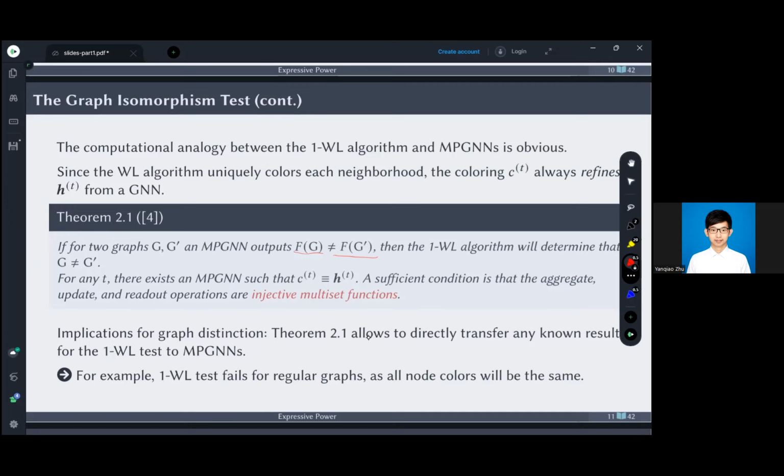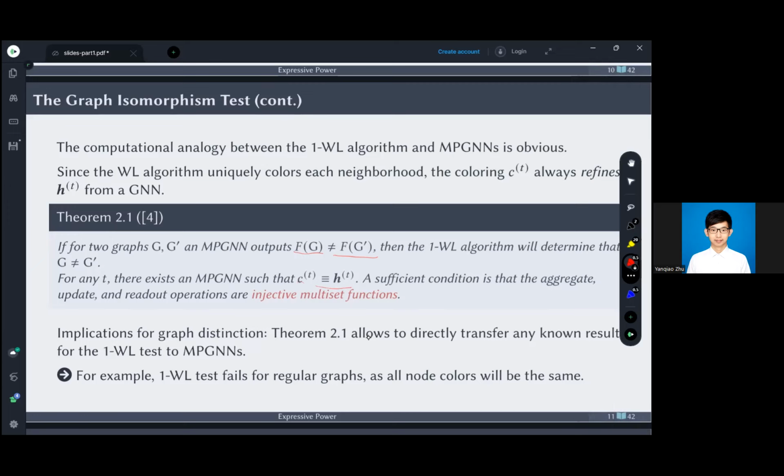And how can we establish this identical relationship? For any T, the number of iterations, there exists a graph neural network model such that the color c_T equals the node representation h_T.